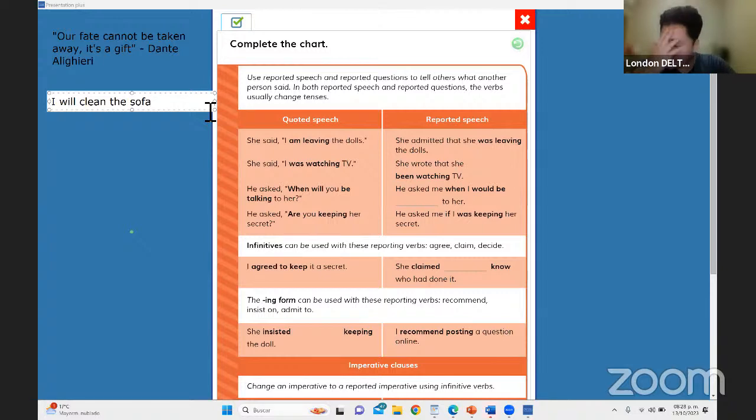Because if you use quoted speech all the time, which is not something that we're going to learn, okay? But the quoted speech is this, right? The one person said, ella dijo. Hold on, please. And then you have here, sorry, Zoom is a little bit different today.